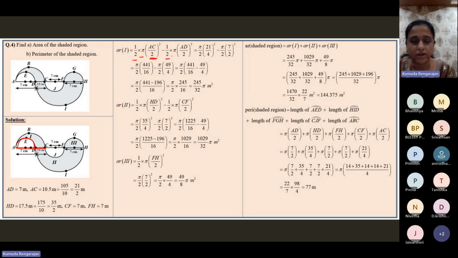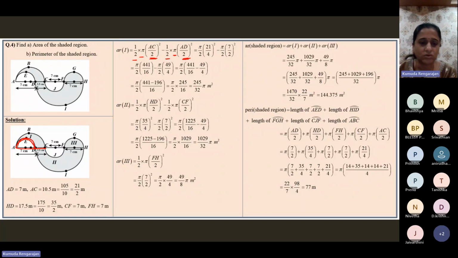So half into pi into r, where r is AD by 2, diameter by 2, the whole square. Then you substitute the values and you can understand. I've taken pi by 2 common, because half pi is pi by 2.